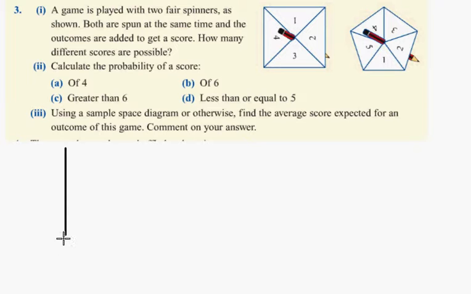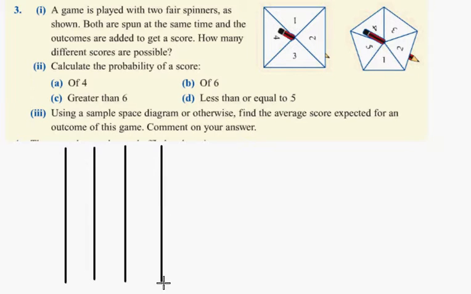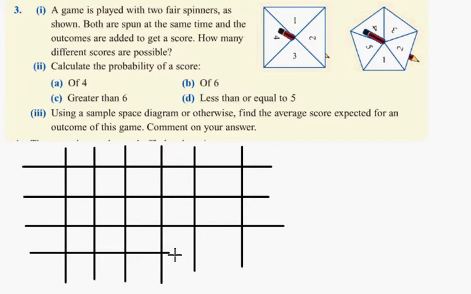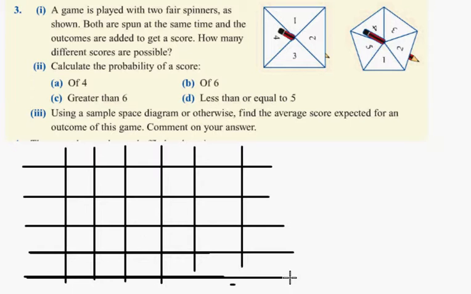So what I construct here is a sample space, and I'm going to put down the scores of each spinner, like so: 1, 2, 3, 4, 5. Following that, we're going to have 1, 2, 3, 4, 5 up here, which relates to the 5 spinner, and 1, 2, 3, and 4 down here.